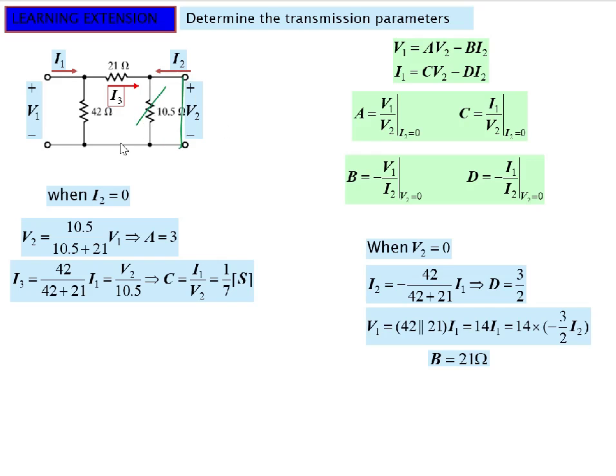Okay, so by doing that, by making this V2 0, we can find B and D. So first equation is V1 is equal to minus B I2. So अगर हम इस इक्वेशन को लेके V1 by I2, the voltage from the first side and in which the current is flowing from the second side.